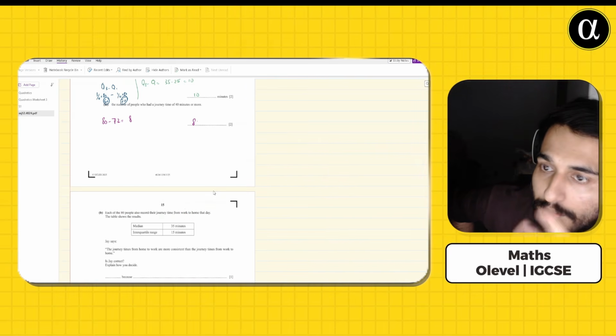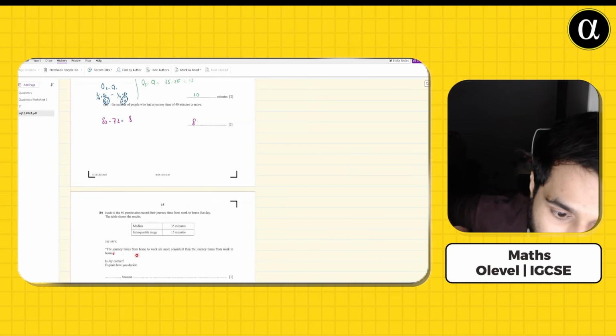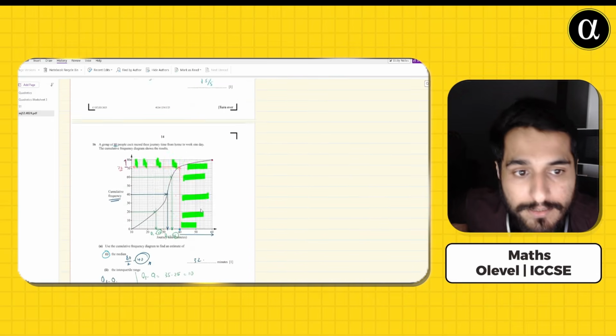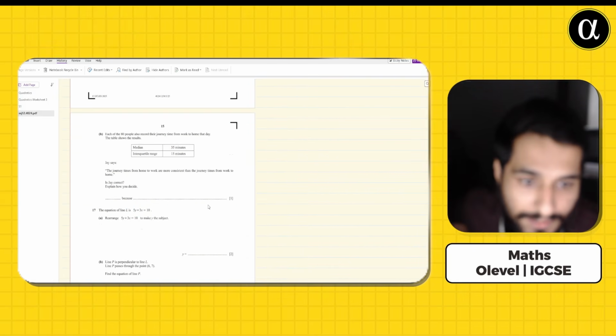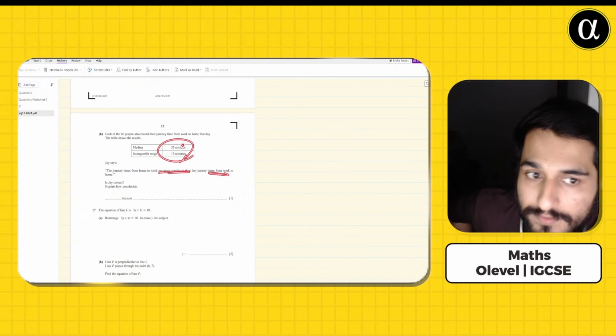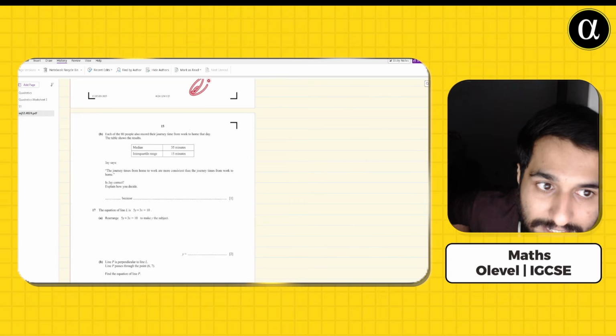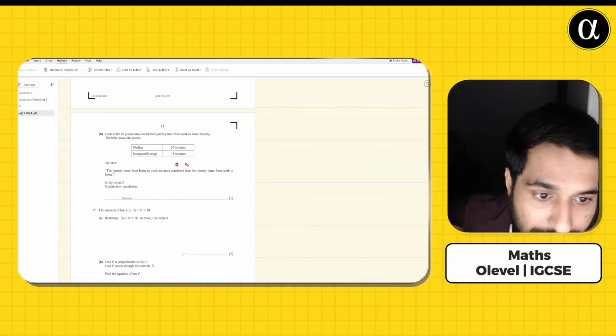Now we need to compare the two conditions, and it says that the journey times from home to work, as per J, are more consistent than the journey times from work to home. So J says that the data set that we have on the previous page is more consistent compared to this.